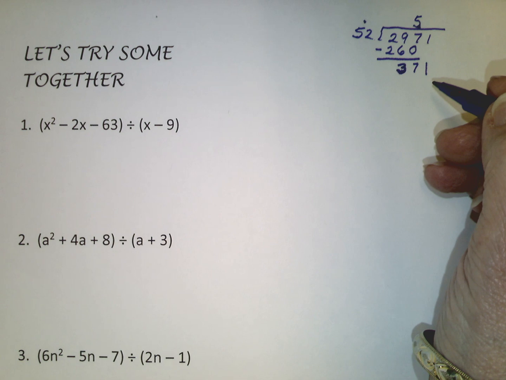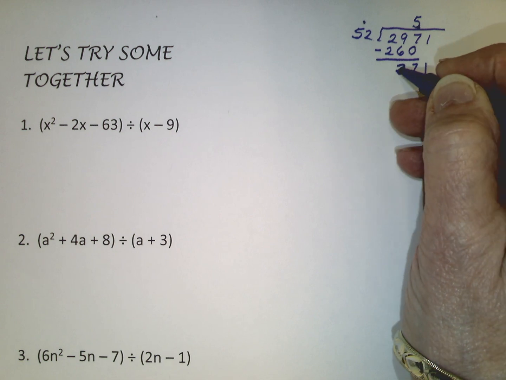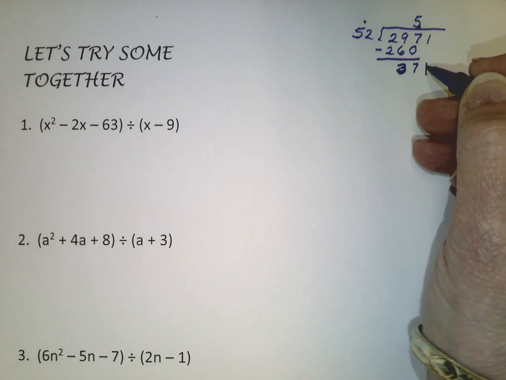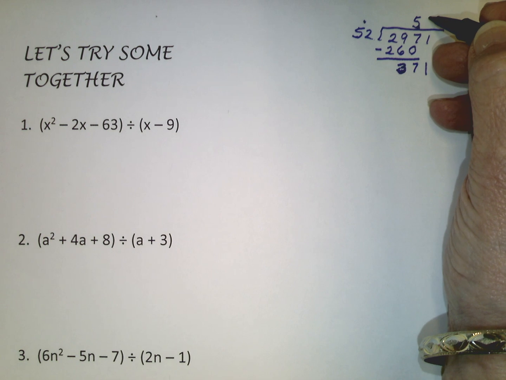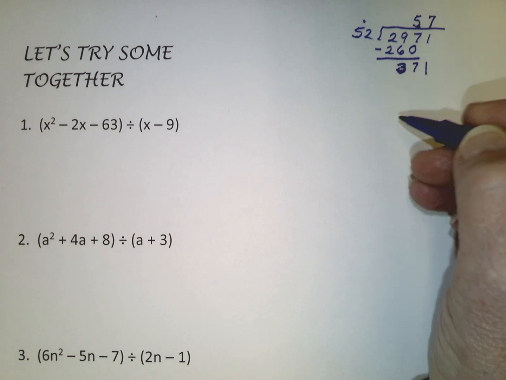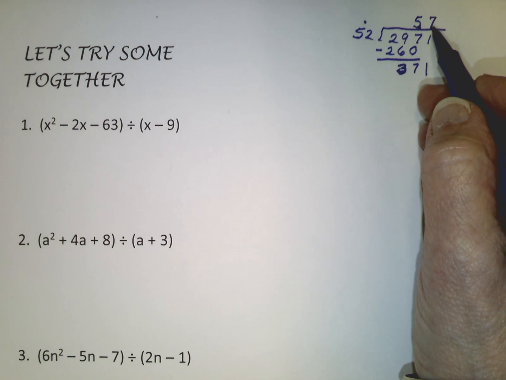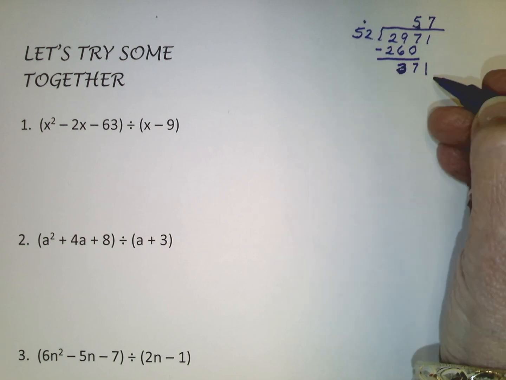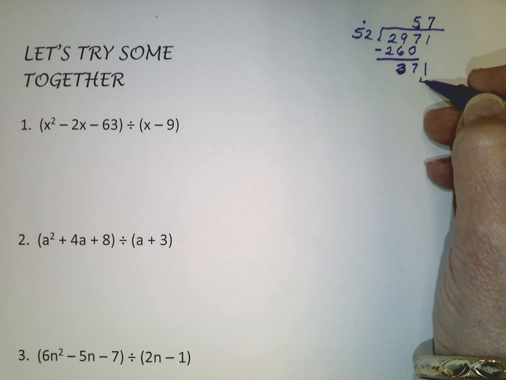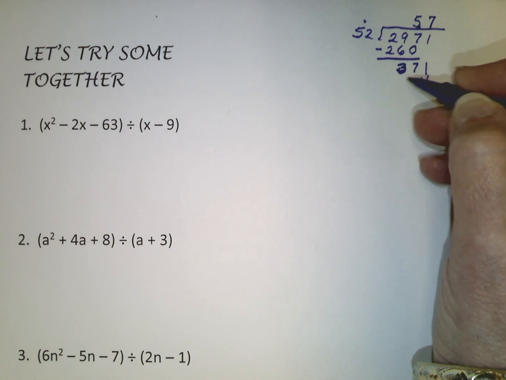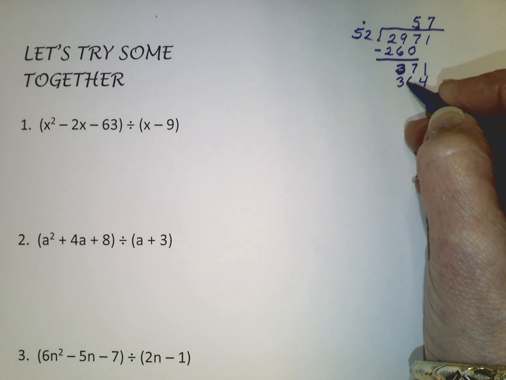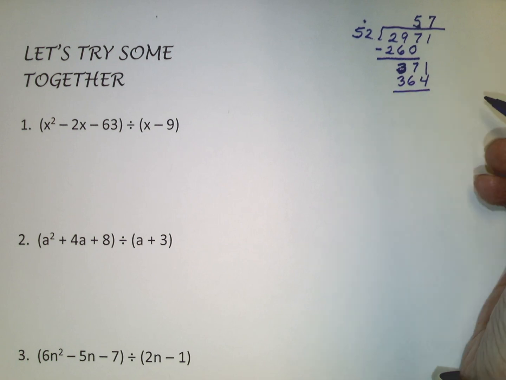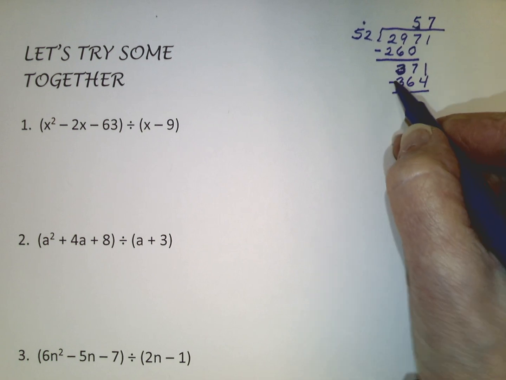About how many times does 5 divide into 37? I'm thinking about 7. That might be too big. We'll find out. And we'll have to take 7 times the whole 52. So 7 times 2, 14, carry the 1. And again, subtract.